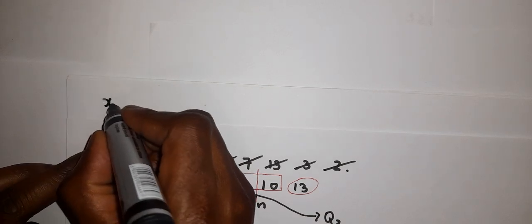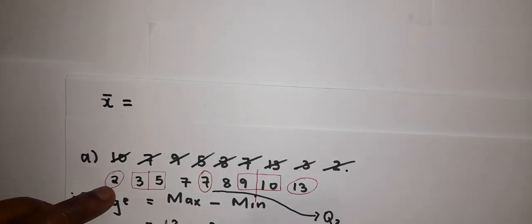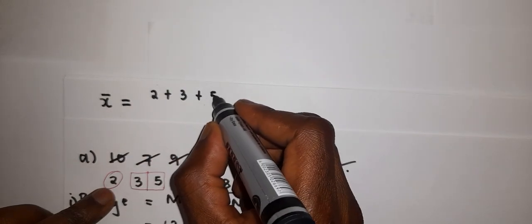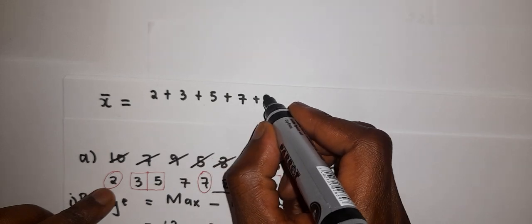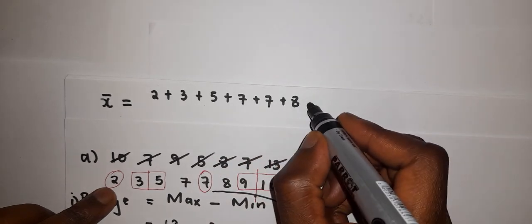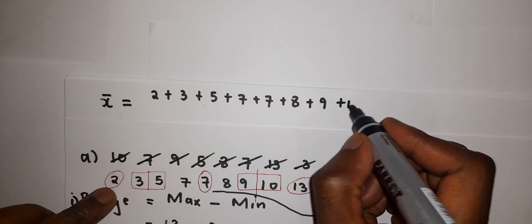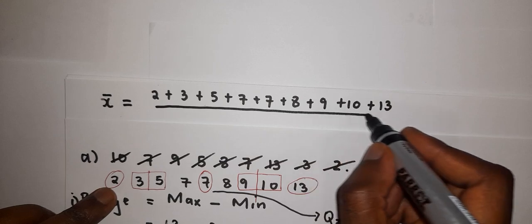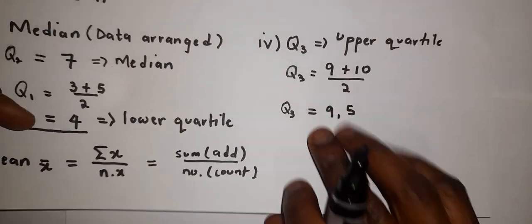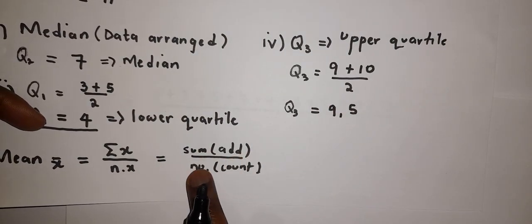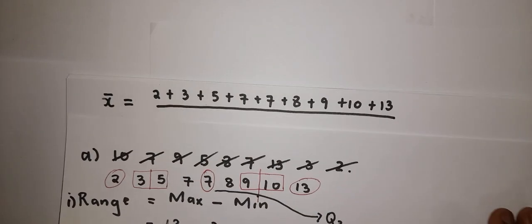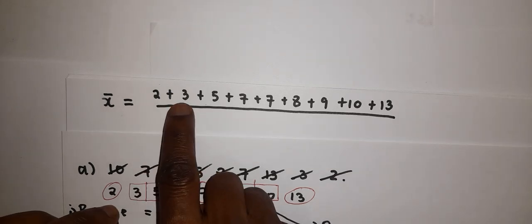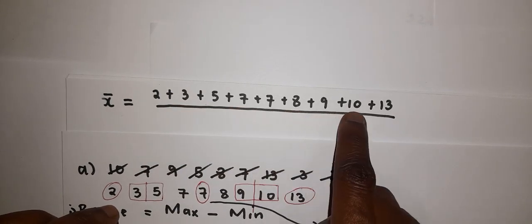I'm just going to rewrite it quickly as I calculate my mean. Therefore, my mean x bar would be the sum of the data, so I'm going to add 2 plus 3 plus 5 plus 7 plus 7 plus 8 plus 9 plus 10 plus 13. And then what do I divide it by? Remember, it's the sum, which means add, divided by the number, which means count. So for the number, we count 1, 2, 3, 4, 5, 6, 7, 8, 9.